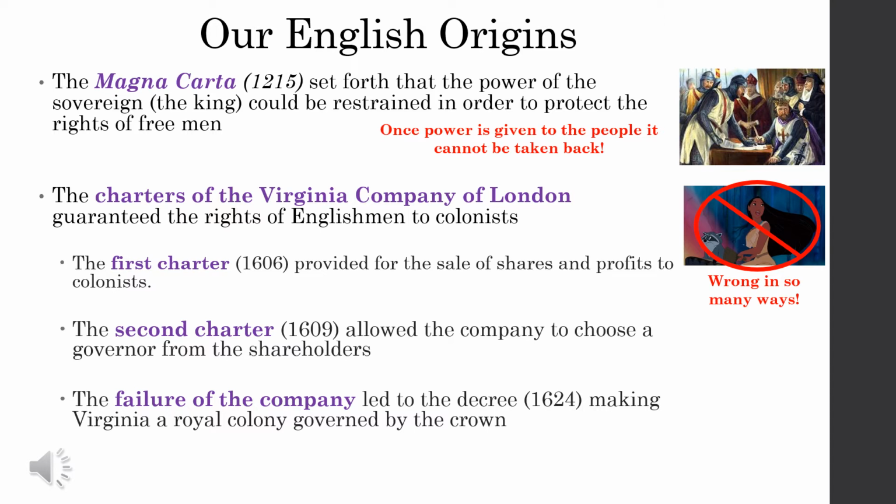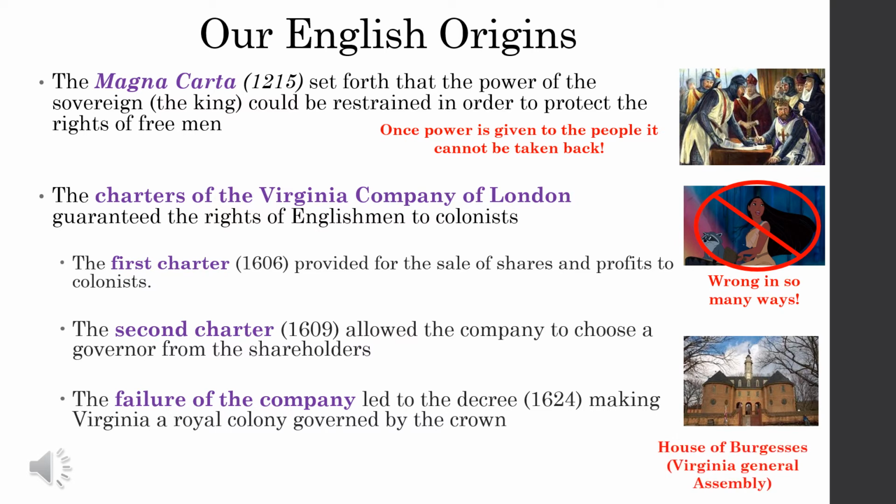And here's how it worked. The governor of Virginia was somebody appointed by the king, but the people in Virginia, they had representative democracy. They met in something called the House of Burgesses, and they ruled themselves. And the cool thing is that original House of Burgesses is today's Virginia General Assembly. Go to the next slide.